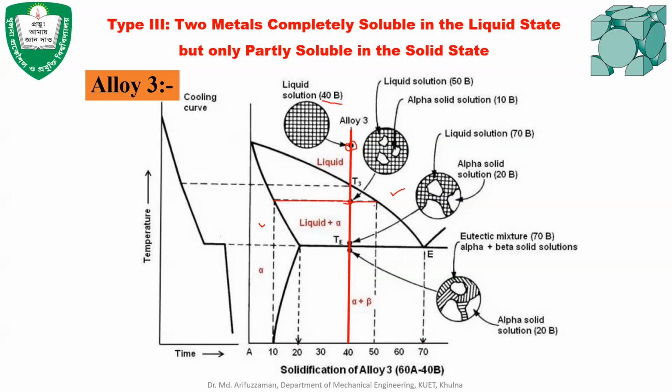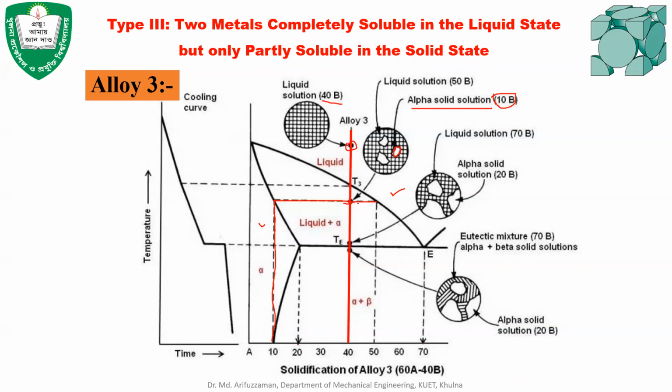Once you draw the tie line, if we want to find out the chemical composition of alpha, that means the solid that has been produced, then we have to read the composition from this point. If we read it, it is 10% B. So the crystals that have been produced will have a composition of 10% B. That is alpha solid solution.